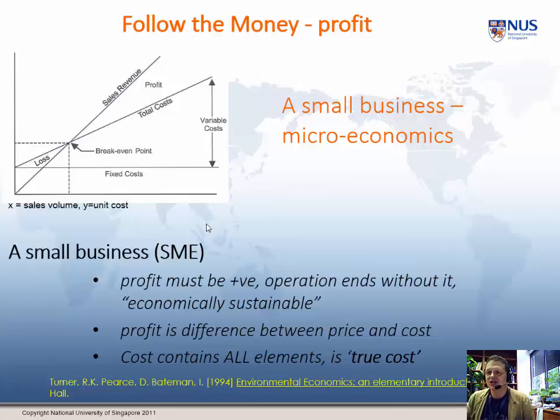And these costs are all of the cost components. They are the true costs. What that means, and we'll get to this in a moment, is yes, you've paid your workers, you've paid your rates, you've bought everything, but you're not throwing something up a chimney, pushing it into the atmosphere and therefore forgetting it, because it's not cost you anything.